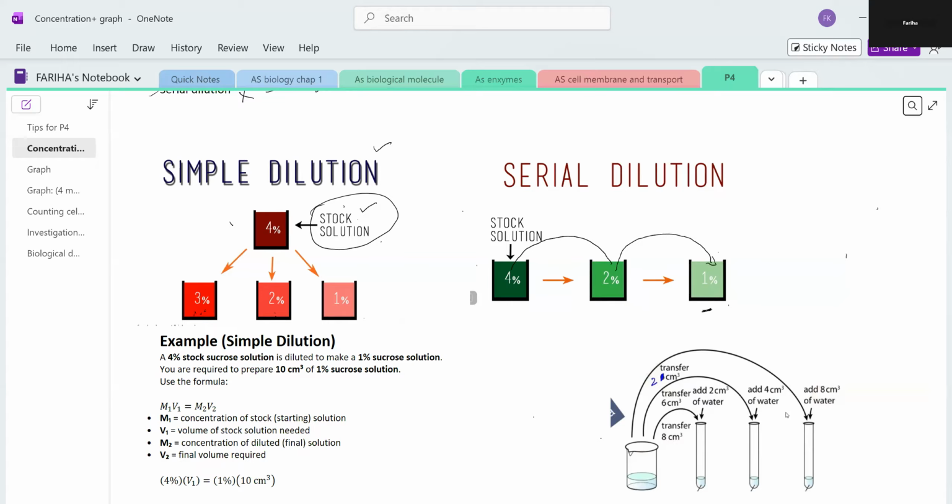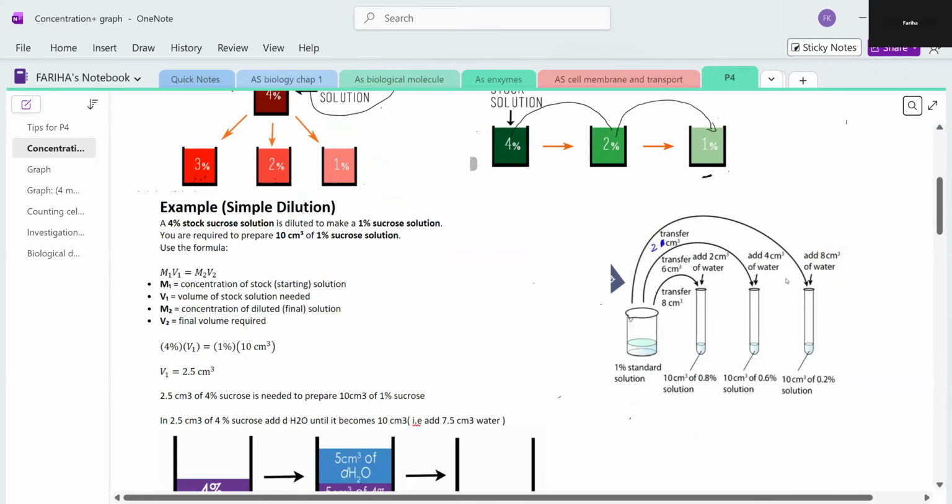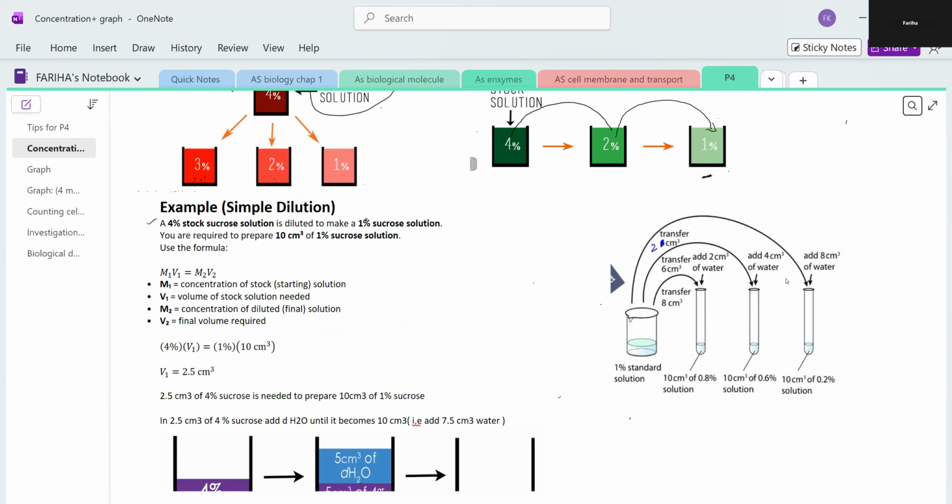Now we are going to see some examples related to simple dilutions and serial dilutions in order to make it more clear. Let's look at this example. A 4% stock sucrose solution is diluted to make a 1% sucrose solution, and you are required to prepare 10 cubic centimeter of 1% sucrose solution.